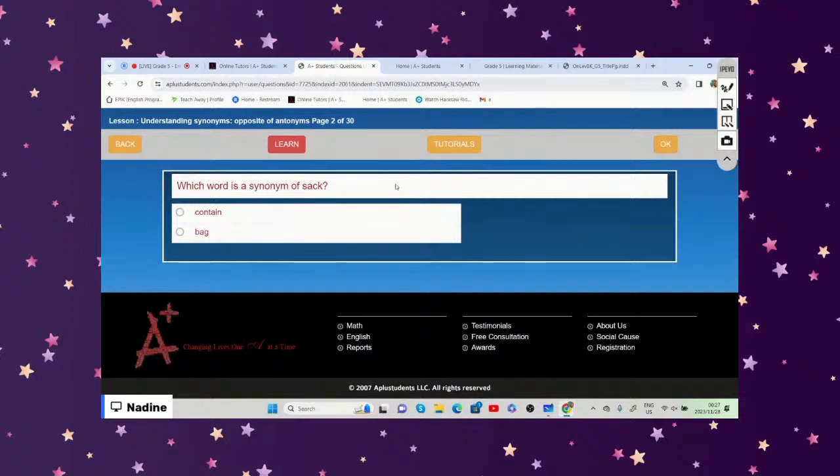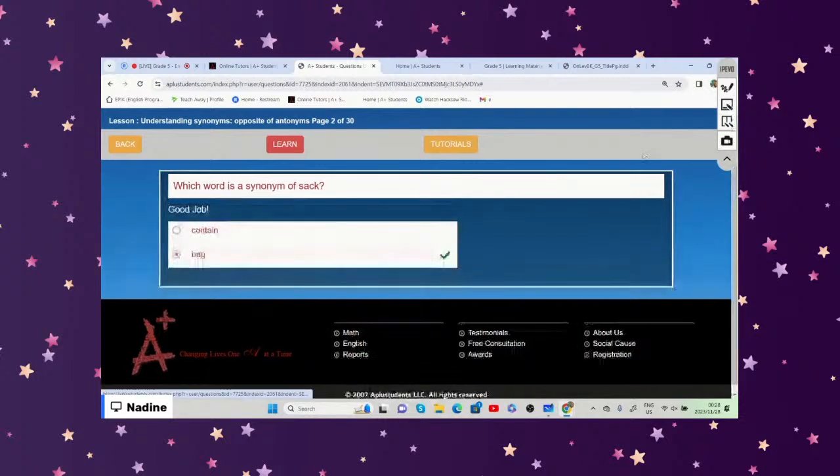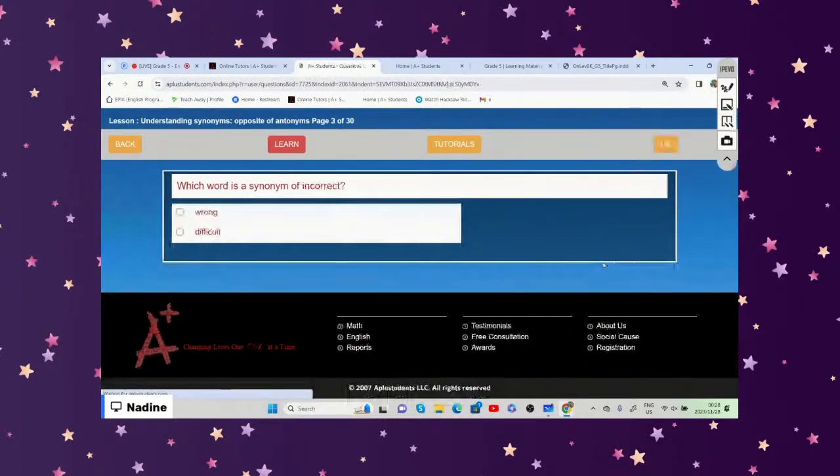And if we find the word that is similar or the same as sack, then we can say it is bag, right? Because a sack is like that brown bag that you usually put flour or stuff in, right? And it's similar to a bag, something that you put goods or things in.